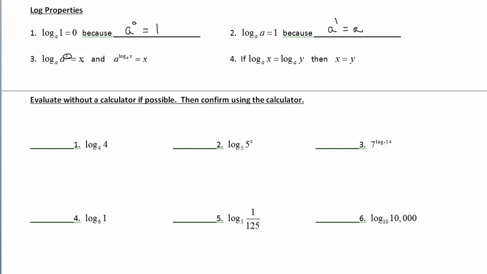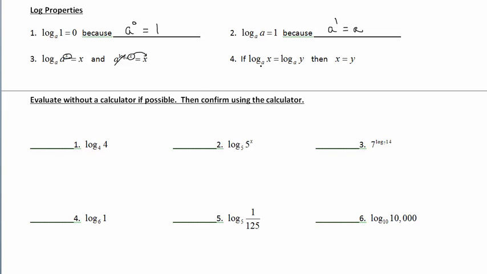And in this problem, it's x. So this verifies that log functions and exponential functions are inverses of one another. All right, so why is this equal to x right here? Because an exponential with the base of a raised to a log function with the same base a, these two undo each other and you're left with x, or whatever that happens to be.